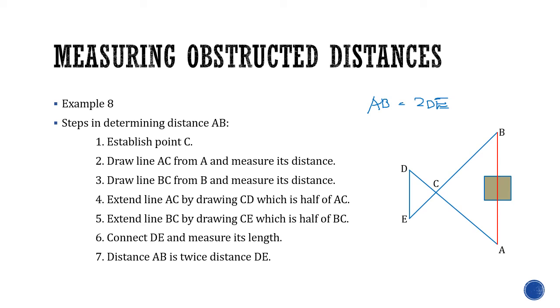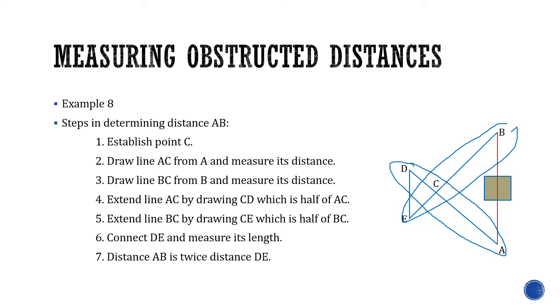Why is that, sir? Because you made similar figures. If you remember, they share two sides, this side and this side, and their third side is parallel. So they are similar figures. Similar figures are more on the visual side, you can see it, and it's common sense.